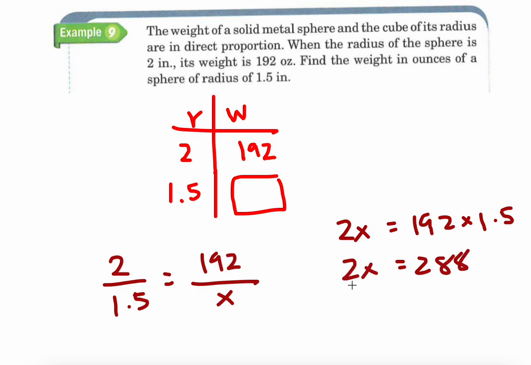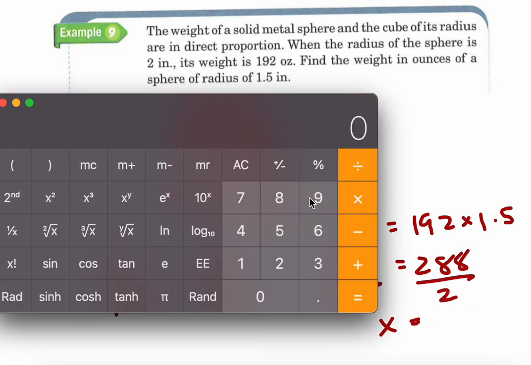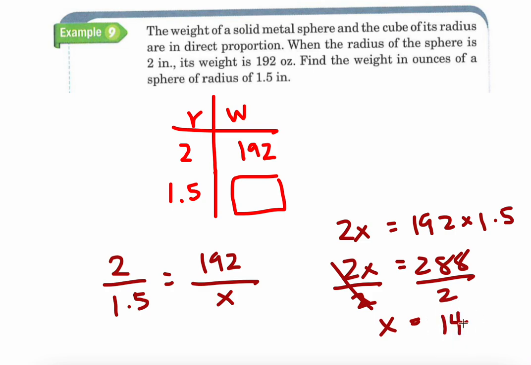So 2 times x equals 288. Divide both sides by 2. So then x would equal 288 divided by 2, which is 144. And that's how you would use the proportional ratio method to find the answer, okay, 144.